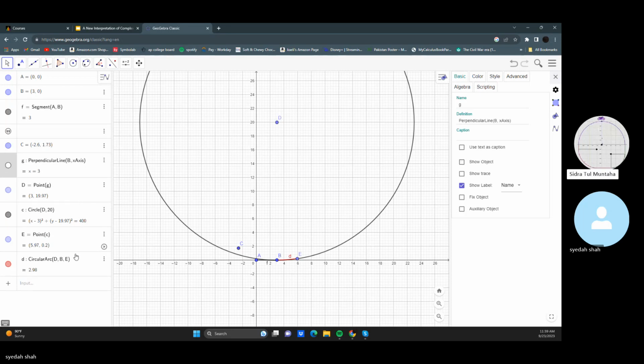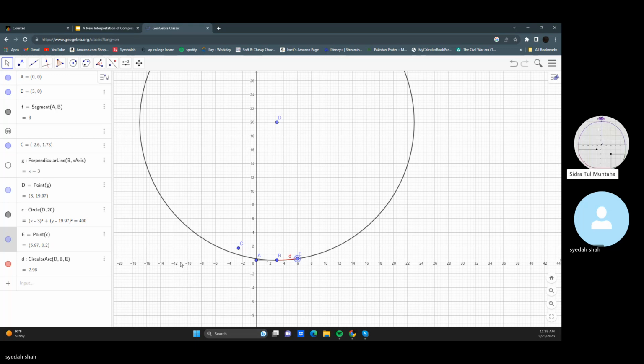So if you want to fix this G perpendicular, fix this point E as well. Because we are going to make a lot of circles ahead, it becomes too hectic, so it's better to fix them first before proceeding.